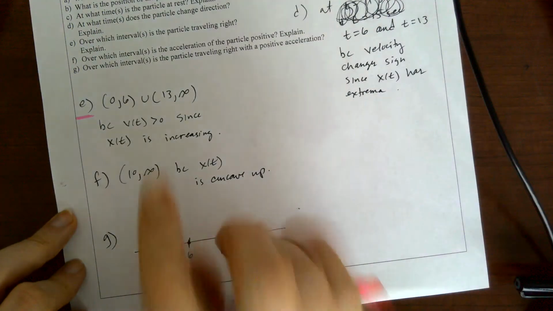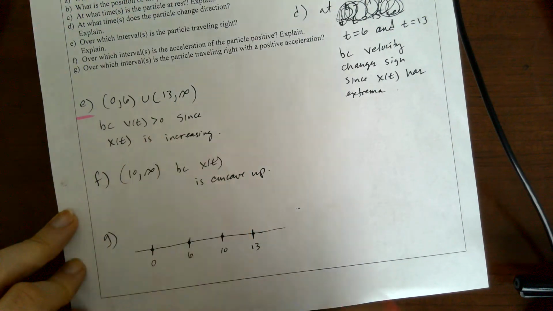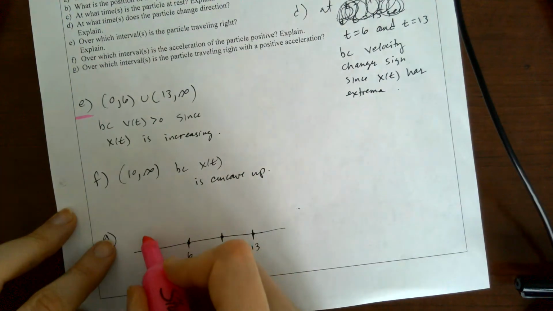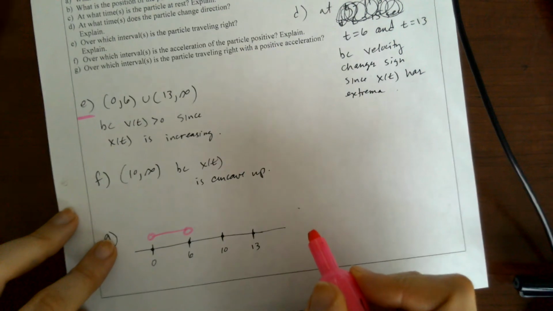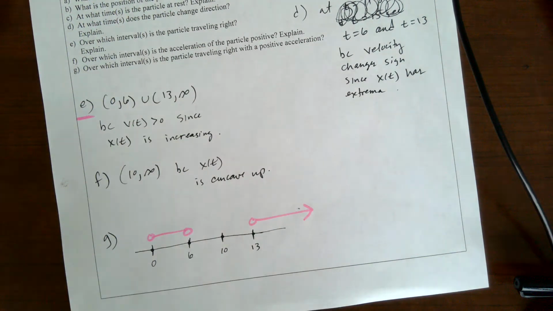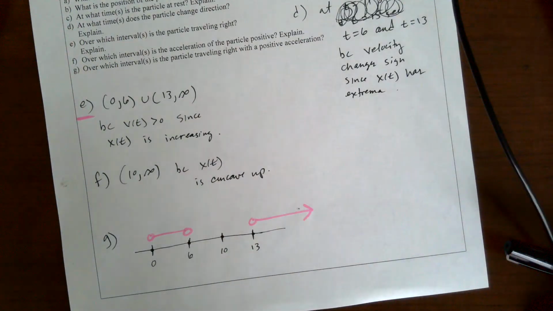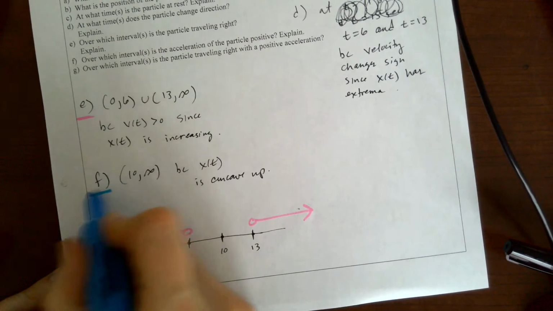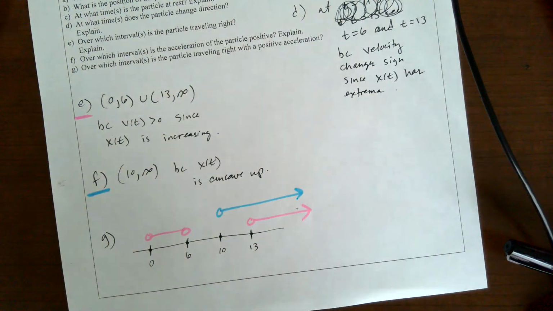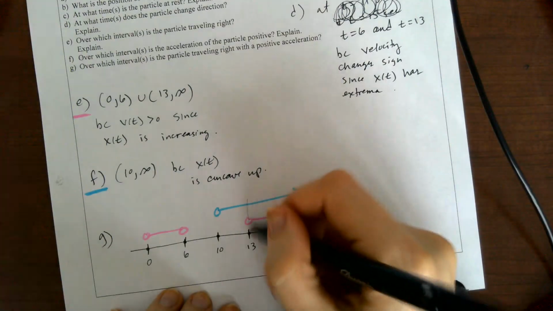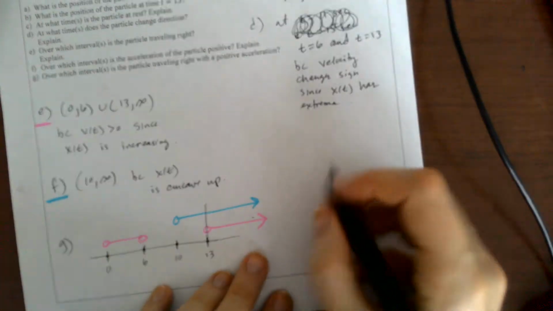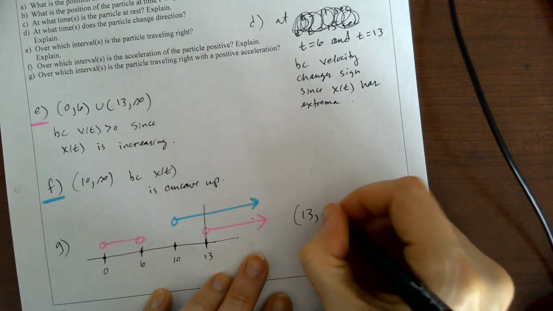We know the particle's moving right here, and the particle's moving right there. And then we've got positive acceleration from 10 to infinity. So our overlap is happening from 13 on. All right, so the answer for G is from 13 to infinity.